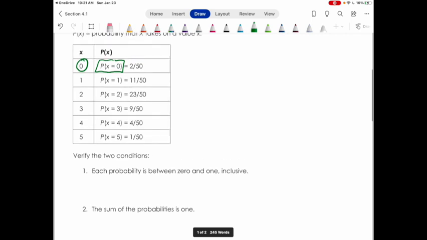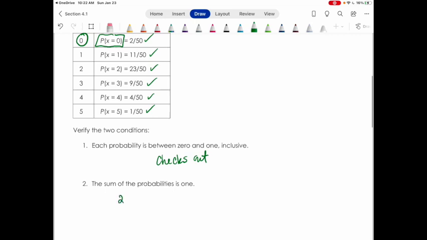So we're going to verify the two conditions. The first condition is the probability is between 0 and 1. If you look, all of these values, if I put them in decimal form, all lie between 0 and 1. So this checks out. Now we have to add up all of those probabilities and make sure that they add to 1.